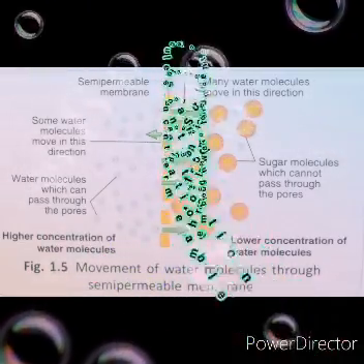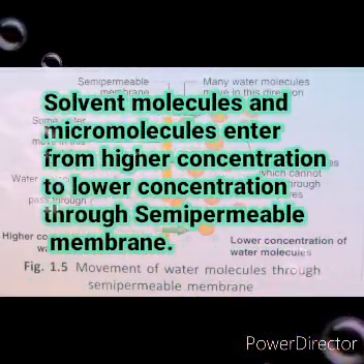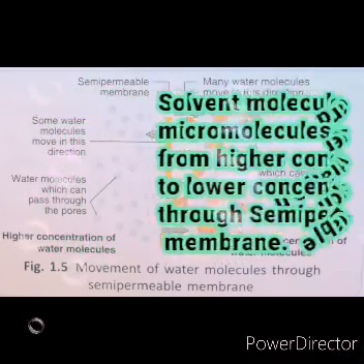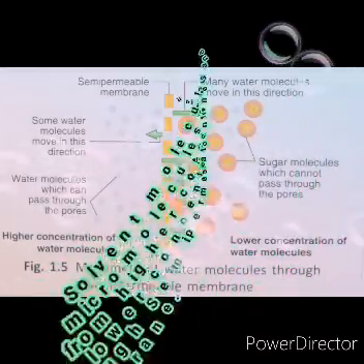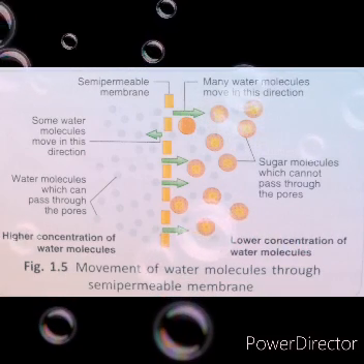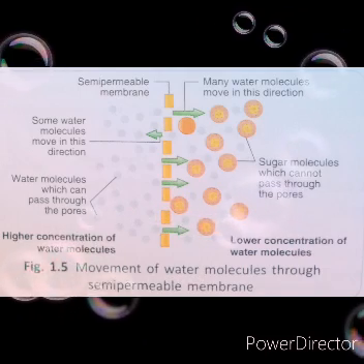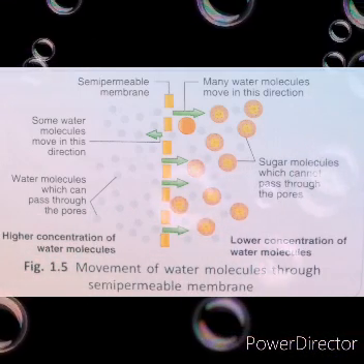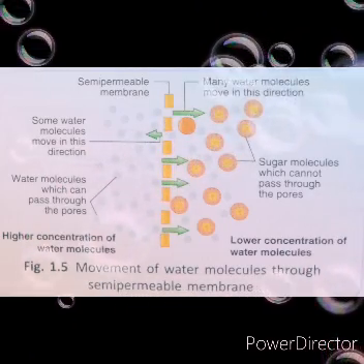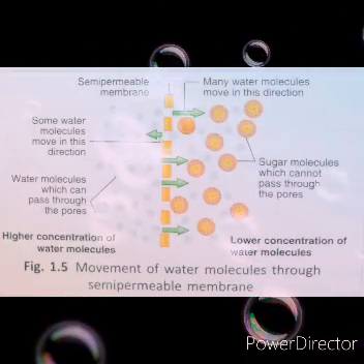If we are filtering the tea through this paper, then we can see that water is taken out, means water is filtered, and the remaining residue, that is the tea, is left in the paper. So this process is showing that when the water is absorbed through the roots, only the solvent molecules along with very micro molecules enter inside the plant and are very helpful, and the rest of the part remains outside in the soil.